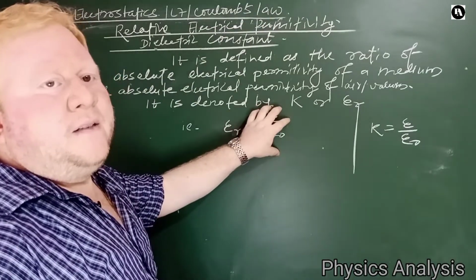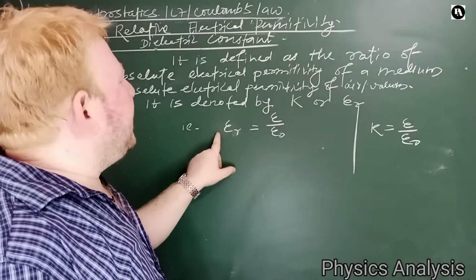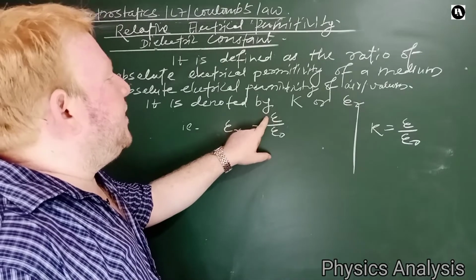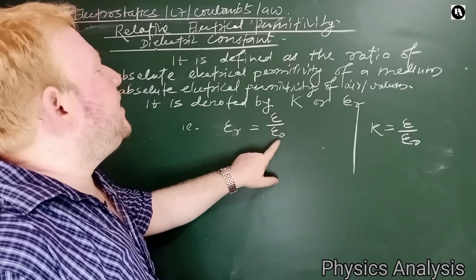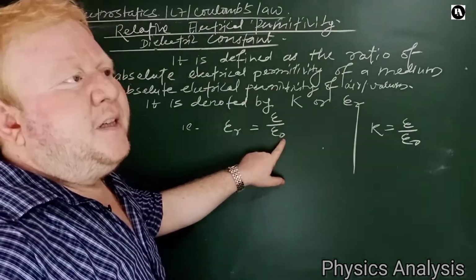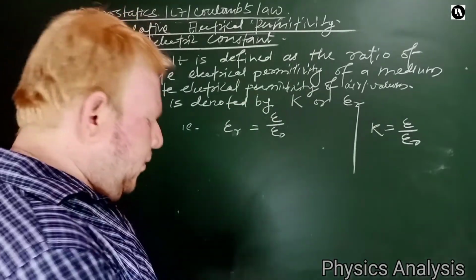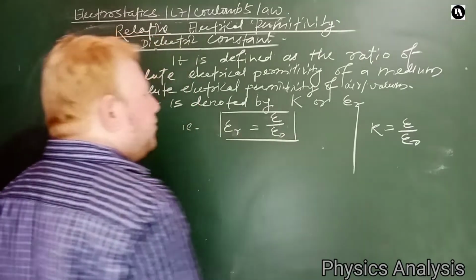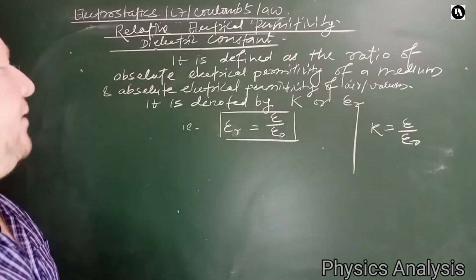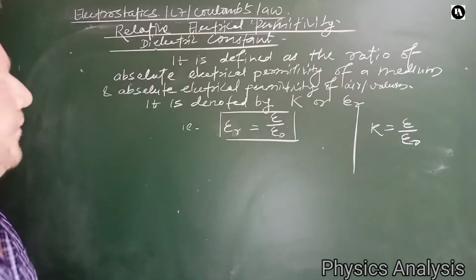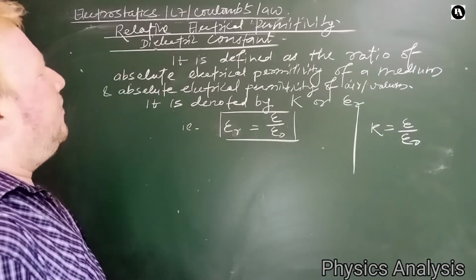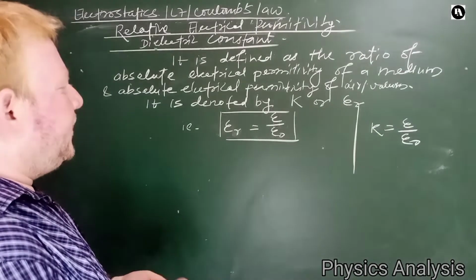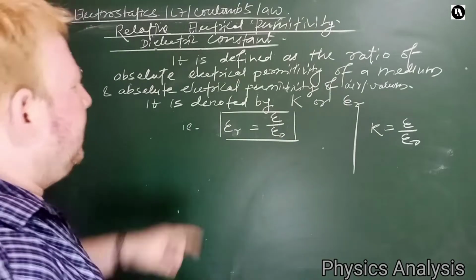So relative electrical permittivity is equal to absolute electrical permittivity of medium divided by absolute electrical permittivity of free space, air or vacuum. Always remember everyone, this is very important, and while solving numericals it will help you, right? Now see, let us deal.